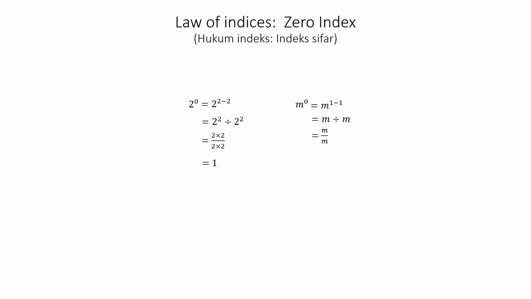This equals M over M, and you simplify it, you'll get the value of 1. So any number or term with a 0 index will give a value of 1. A to the power of 0, any number to the power of 0 equals 1, provided A is not equal to 0.